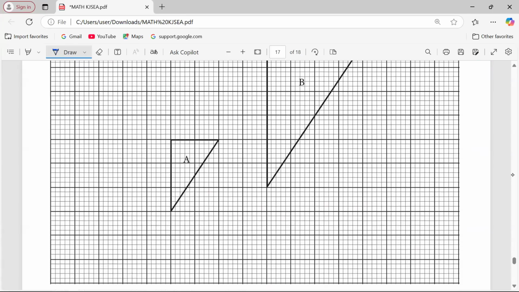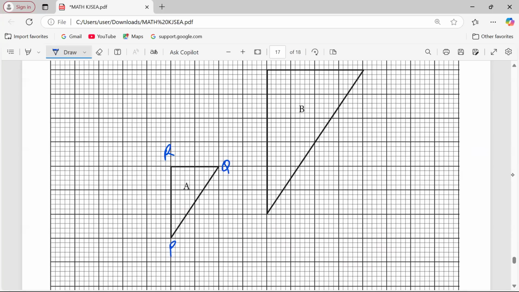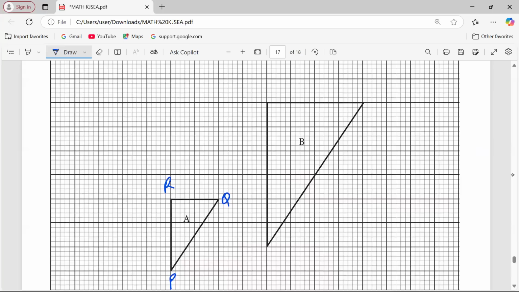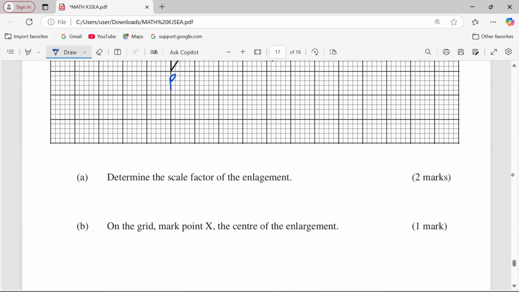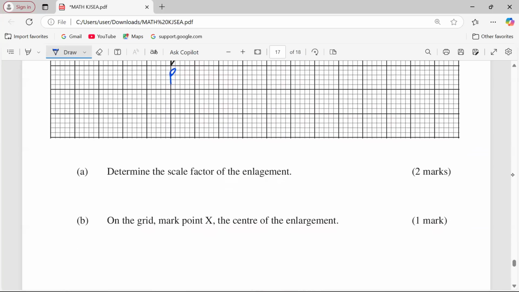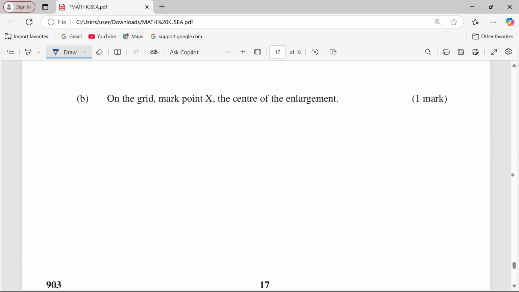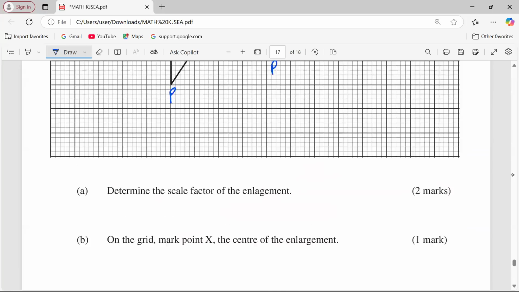Actually, I'm going to give them some names, P, Q, R, so that after the enlargement, this becomes Q prime, R prime, and P prime. That way, determine the scale factor of the enlargement. Then part B, on the grid, mark point X, the center of the enlargement.